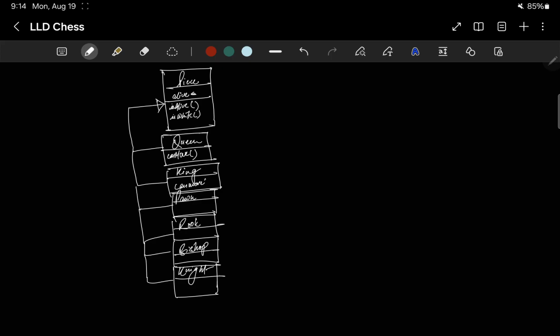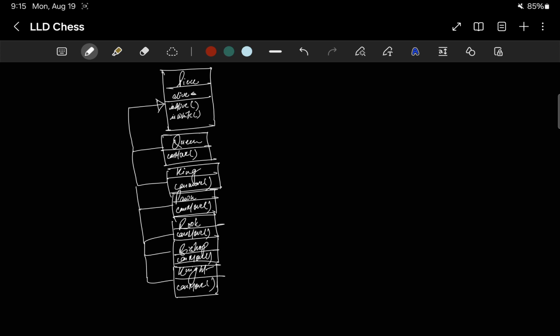So there will be a can move method in each of them. All of them will have their own can move method, but whether they are alive or not, and whether their color is white or black, these things can be inherited from the piece class, right?